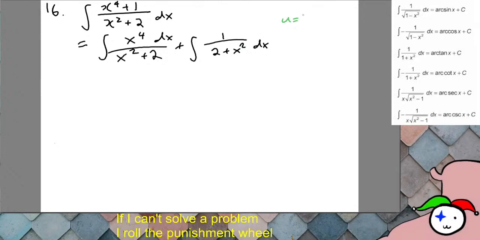So we want u to equal x over root 2, so that x squared over 2 becomes u squared. Yeah. So dx is root 2 dx.